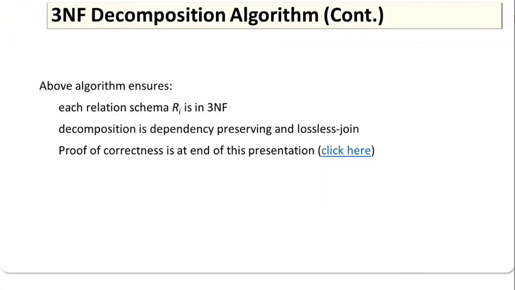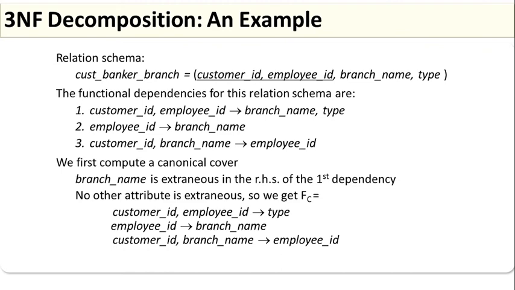The above algorithm ensures that each relation schema Ri is in 3NF, and the decomposition is dependency preserving and lossless join. Proof of correctness is at the end of this presentation. Then, one example relation schema is a set of attributes defined in a relation schema.